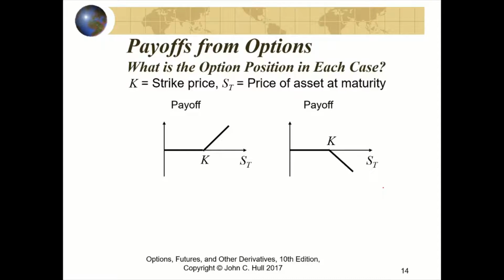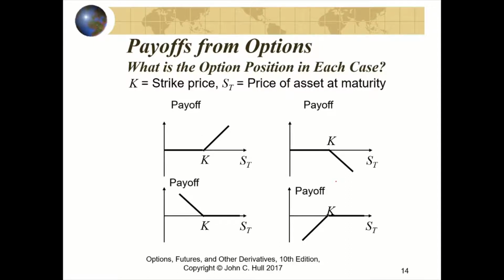Okay, this is a long call. If this is a long, then this should be a short call. How about this one? This payoff is for a long put, and this payoff is for a short put.